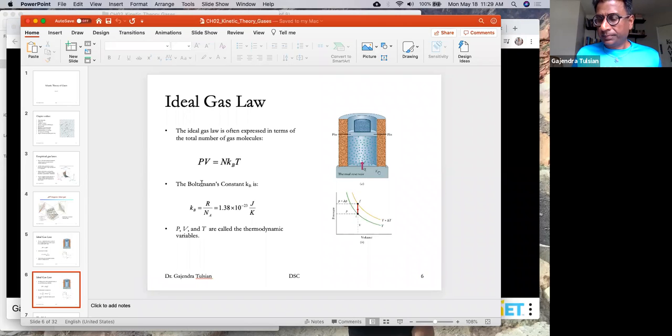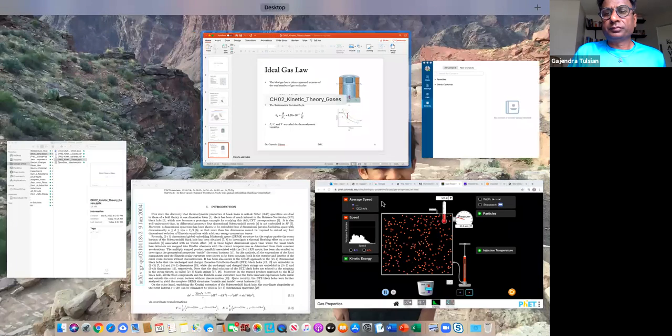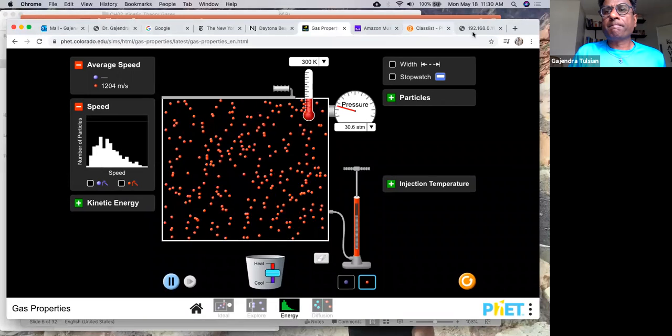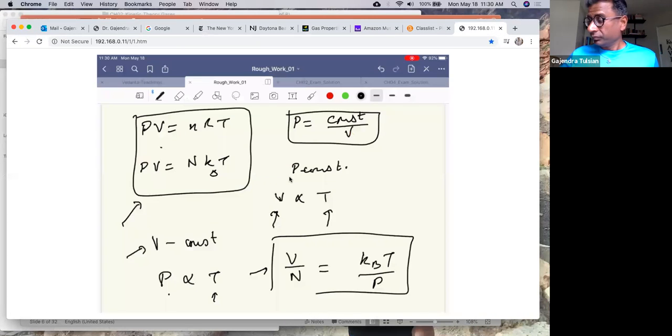Here's the ideal gas law in terms of the number of moles, and here's the ideal gas law in terms of the actual number of molecules. R is the gas constant, and k_B is Boltzmann's constant.